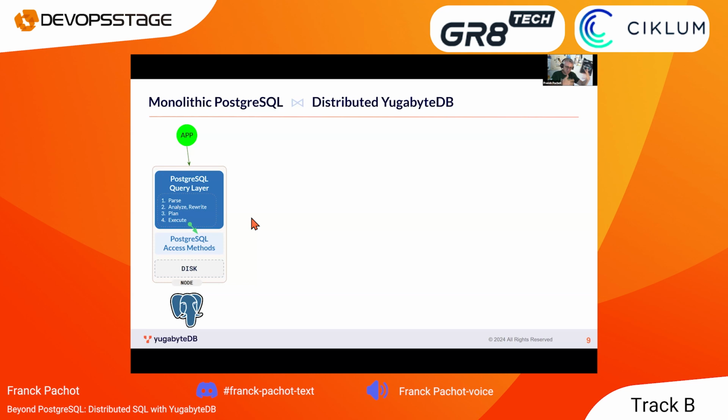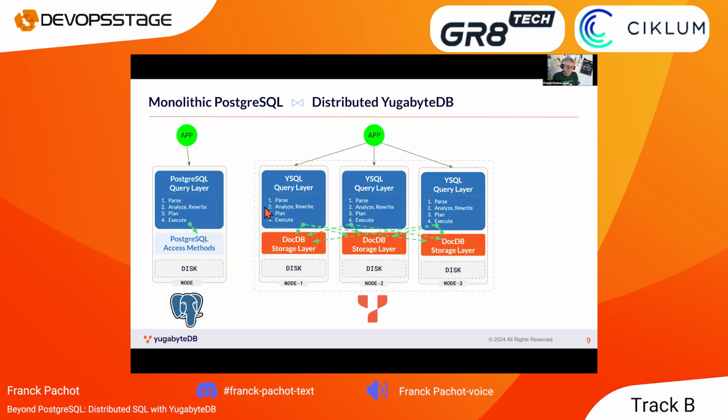Basically, the big picture of it, before going to a demo: in Postgres, you have this query layer that processes your SQL and interacts with the local storage through reads and writes. And the idea of YugabyteDB is to run nearly the same Postgres code for the query layer, with some adaptations of course, because, for example, when you optimize the execution plan, you need to take into account that it is distributed, so the costs are a bit different. But basically, you can connect to any node.